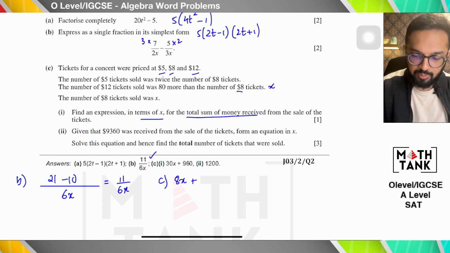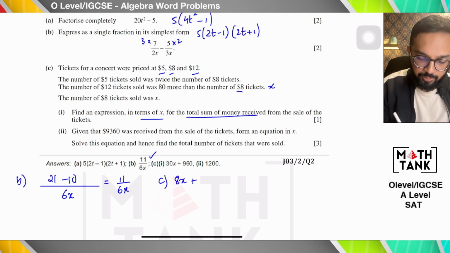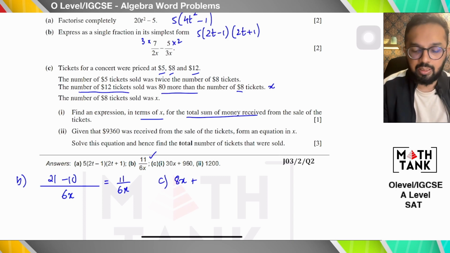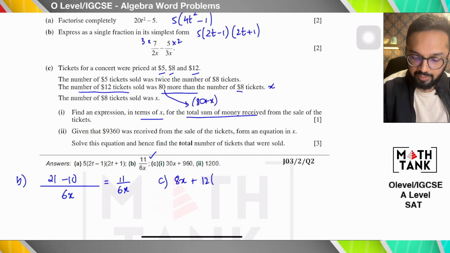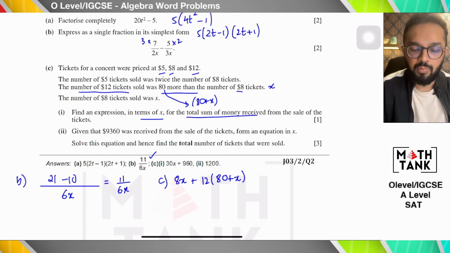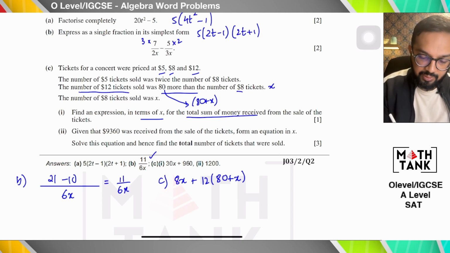So that means 8x. The number of $12 tickets sold was 80 more than that. So can I say that these were basically 80 plus x? So I'm going to write 12 into (80 plus x). And the number of $5 tickets sold was twice the number of $8 tickets sold.